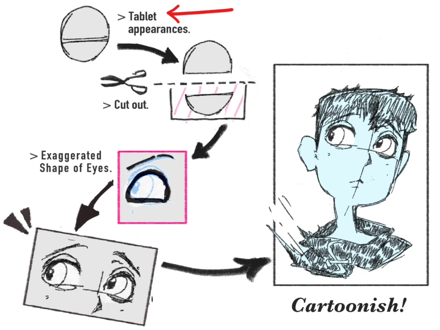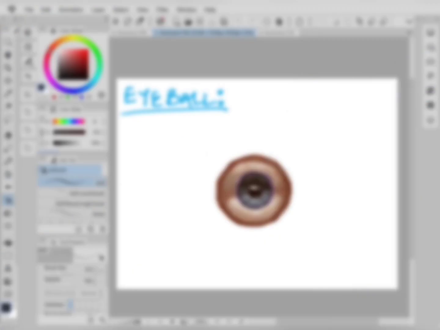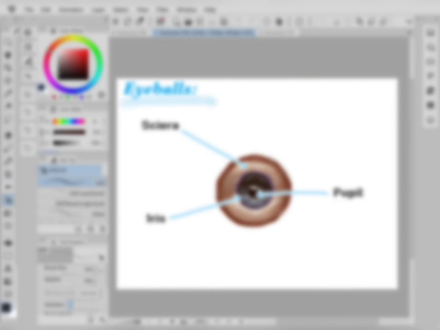Then, using the transformation tool again, cut off the bottom part, and with the use of the upper part, we now have an exaggerated eye for our character. Do know that this process cannot be used for all styles of exaggerated eyes, but it often works for some of our common cartoon characters.